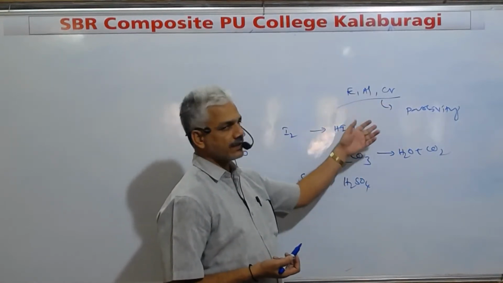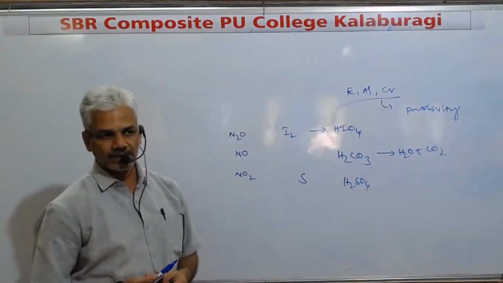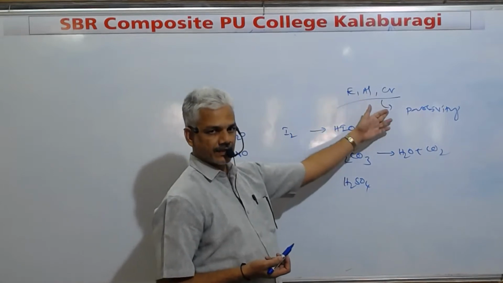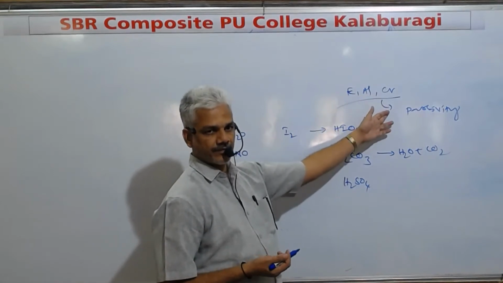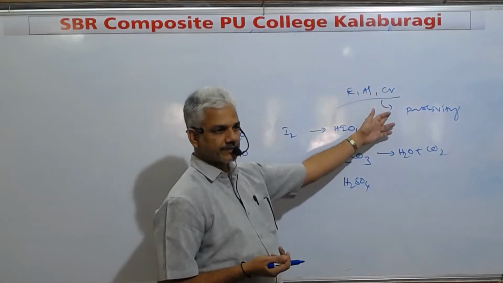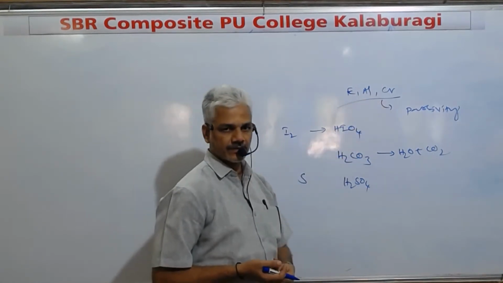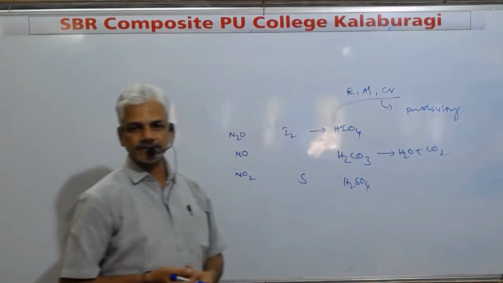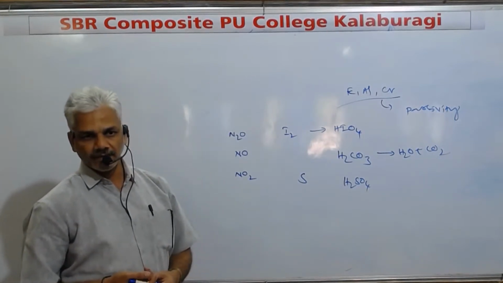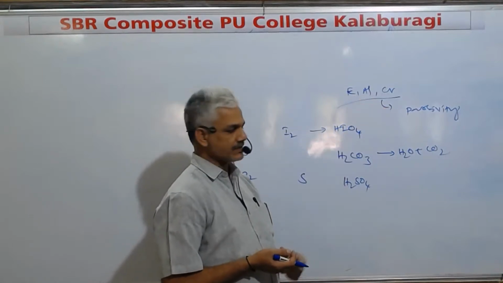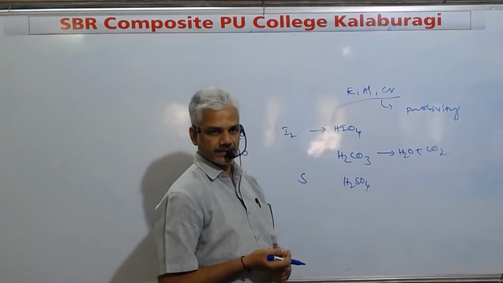So that particular reaction is used for practical application. By treating these metals with nitric acid, we are able to protect them from corrosion, isn't it? If these metals are exposed to air, what will happen? That corrosion can be prevented by making these metals react with nitric acid.